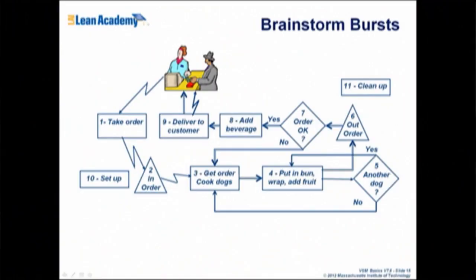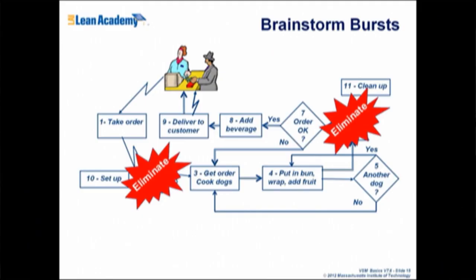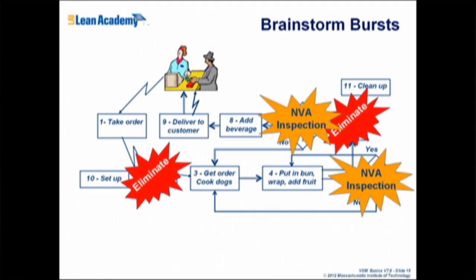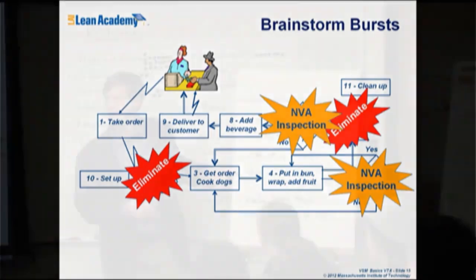So a few things that we thought about. The in order where it's sitting, 30 seconds here in step 2, and the out order. Take those away. The inspection, we heard earlier, Hugh, that inspection doesn't add much. I really like this. I don't think I've heard that one before.